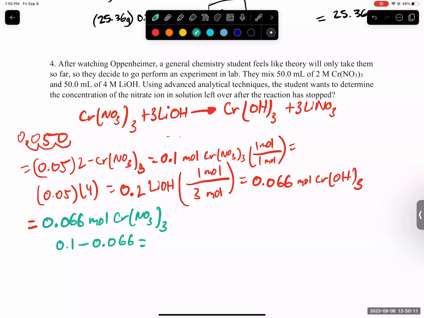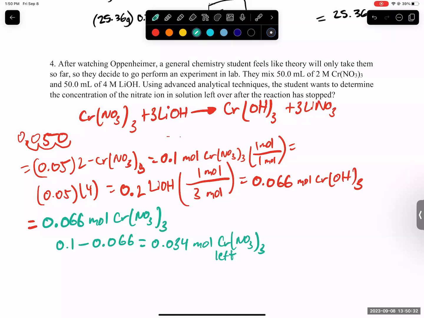Yeah, 0.034 moles of chromium nitrate. This is the amount that's left.